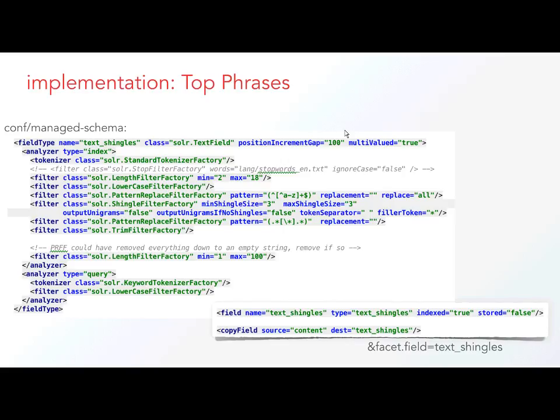Now, maybe I should have shown this one before the email address and URL extraction. Two different types of scenarios here. With the top phrases, we chose to only index those phrases and not have those stored. So we could leverage the more traditional copy field approach here to allow just index time capabilities there on the phrases that are extracted.